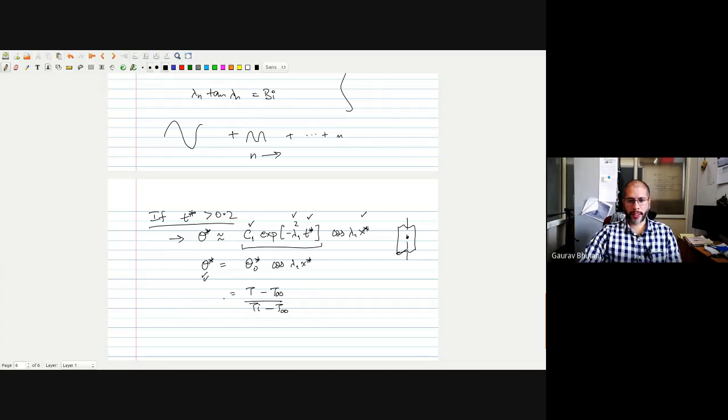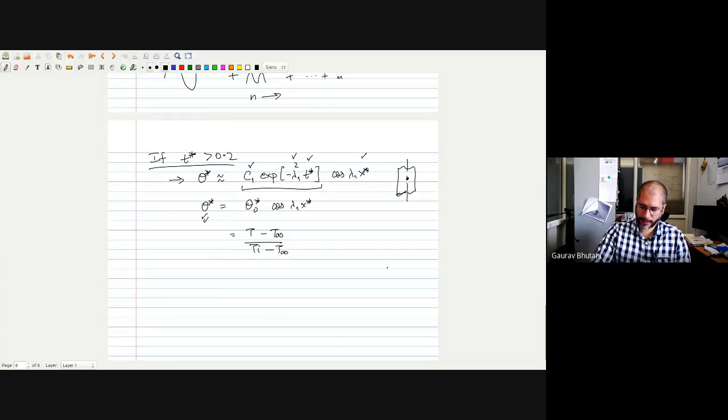And you may see that in this case we talked about a bar, but we may have a cylinder, where again it's symmetric. So in that case you will have an r.